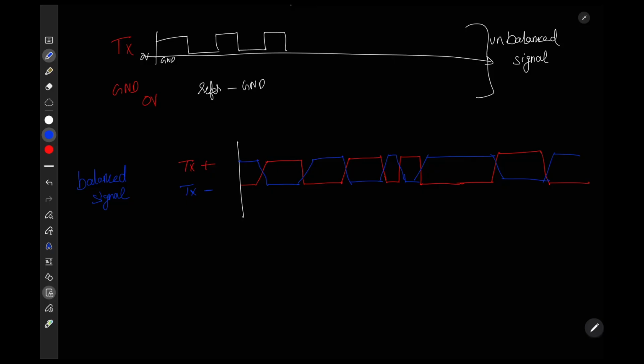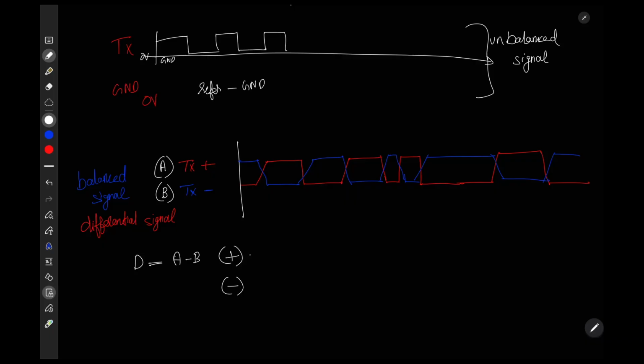A balanced signal is also called a differential signal, meaning you are looking at the difference of two signals. Let's say Tx plus is a and Tx minus is b. The difference signal is a minus b, and it will always be either a positive value or a negative value.